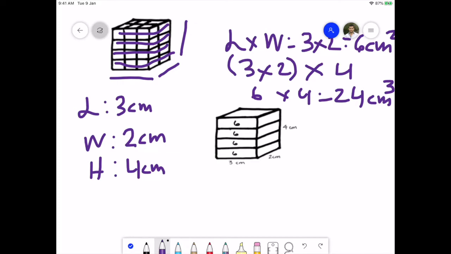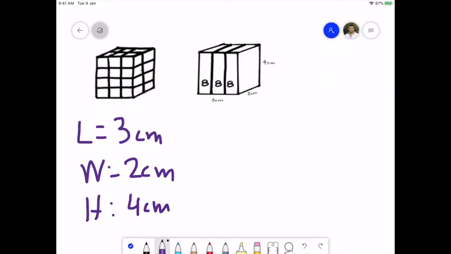Let's discover other ways that we can look at this shape. Another way that I can look at this is by finding the area of this surface here. What are the dimensions here? If I look closely, this is 2 centimeters and this is 4 centimeters.